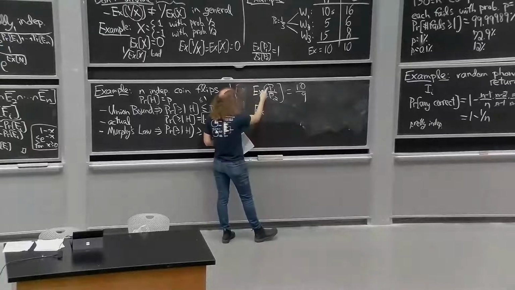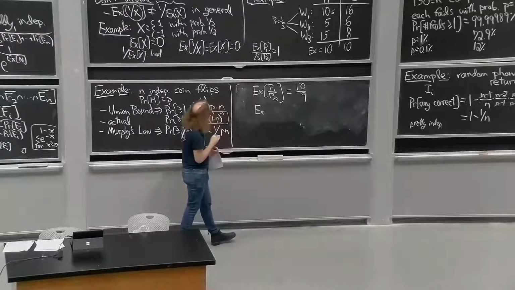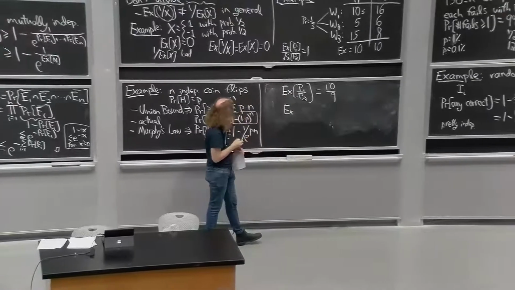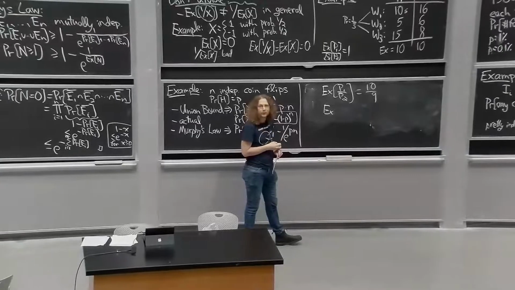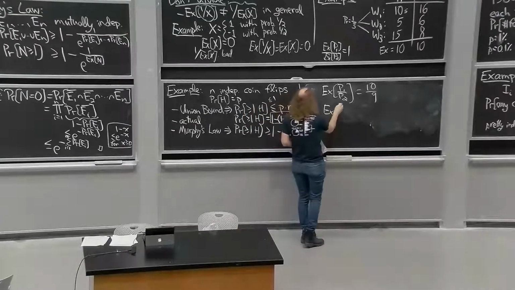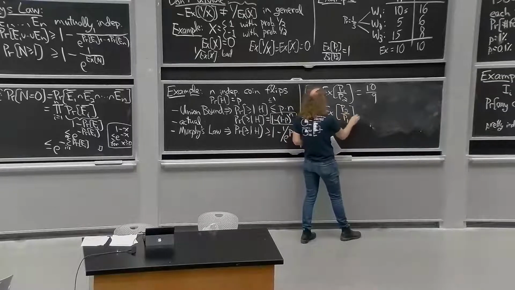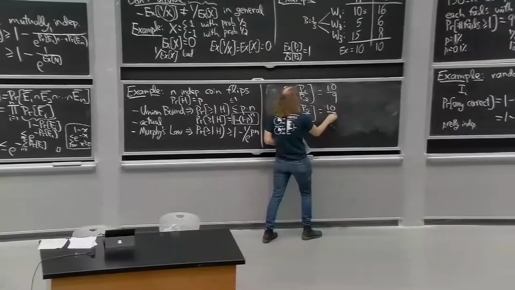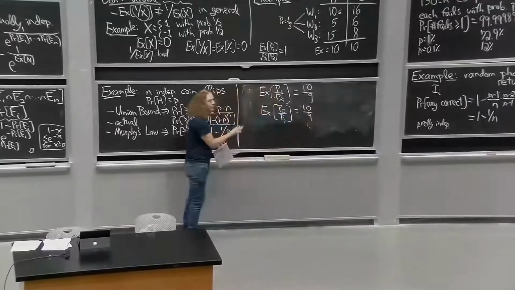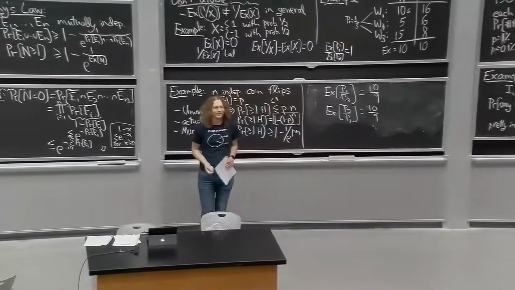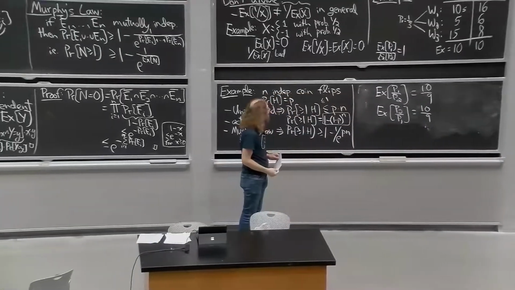So it looks like these are running times, so smaller is better. That looks like P2 is better than P1. But if you take the expected ratio of P2 over P1, it's also 10 over 9. So clearly P1 is better than P2. Why is this happening?